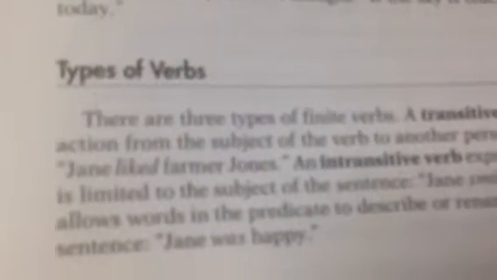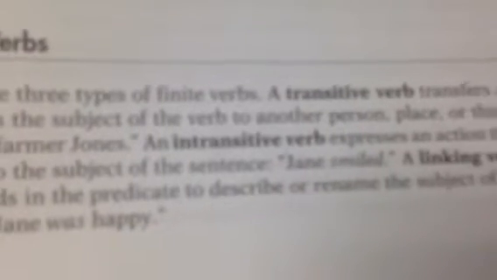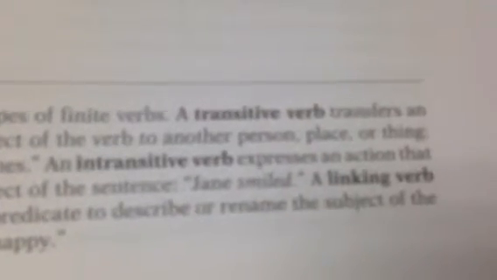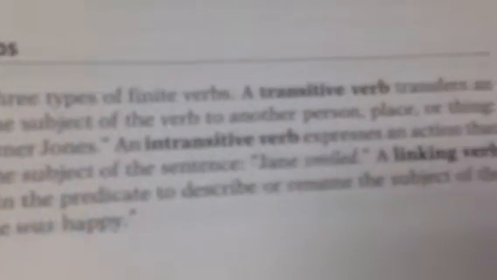So we talk about different types of finite verbs here. A transitive verb transfers an action from the subject of the verb to another person, place, or thing, like Jane liked Farmer Jones. An intransitive verb expresses an action that is limited to the subject of the sentence.